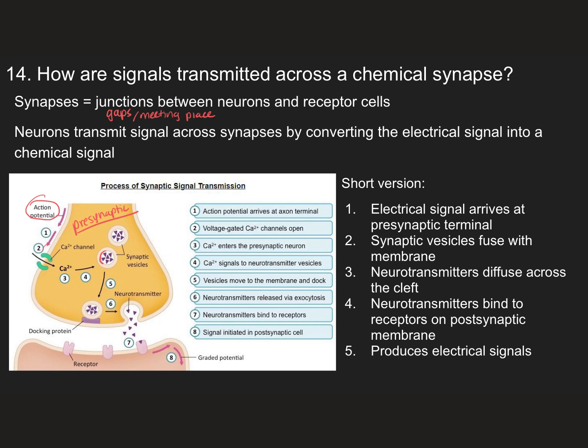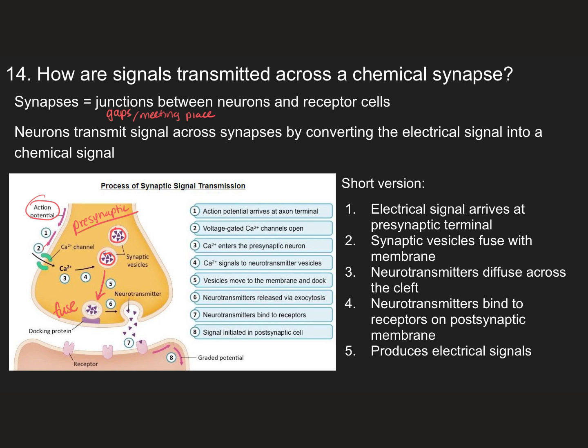Those are these little synaptic vesicles right here. The vesicles are going to move towards the membrane, where they're going to dock onto the membrane. You don't need to know what a docking protein is, just that it sits there for a minute. When it says dock, really what we mean is that it's going to fuse with the membrane.